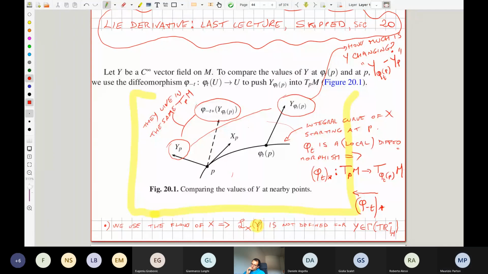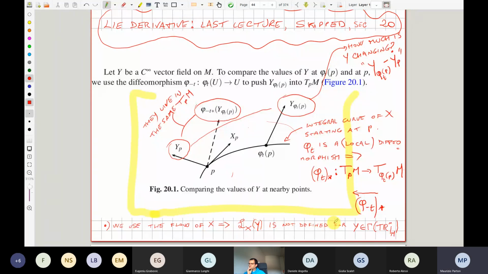So this is no more possible. Why? Because the normal vector is not a tangent vector to the manifold. Okay? So this works only when both of them are tangent vectors. Okay?